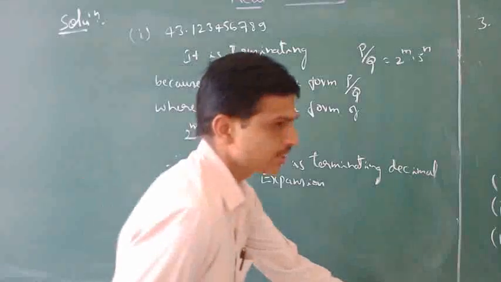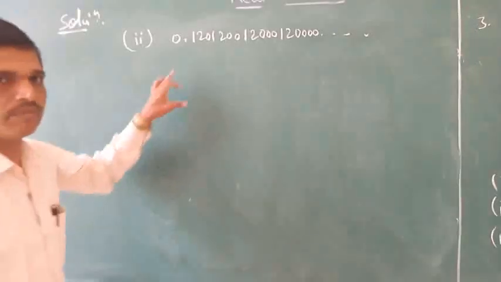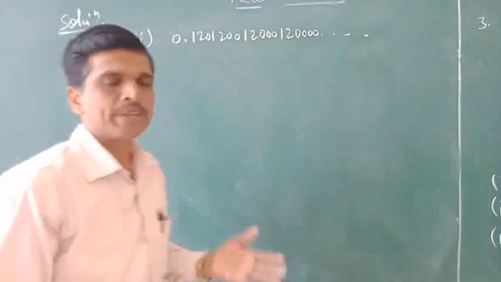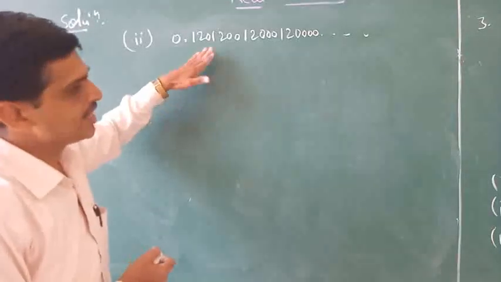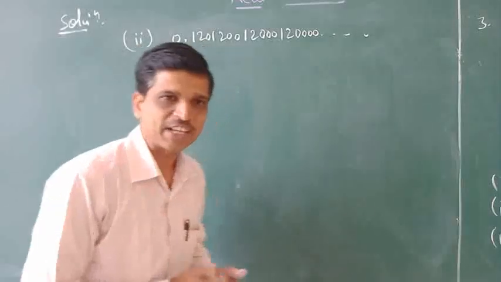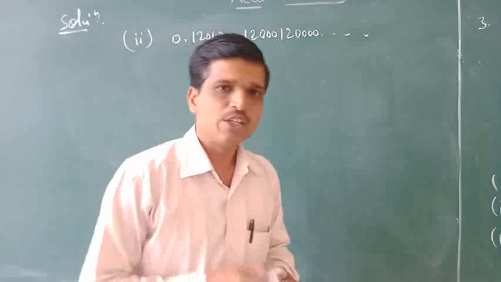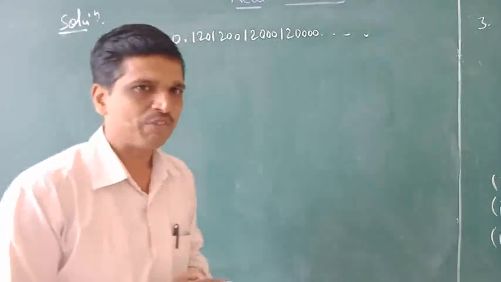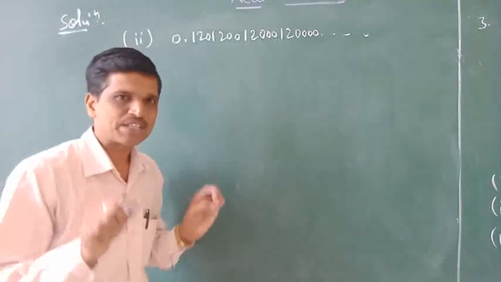The next one, the second one. Given decimal expansion, of course it is a rational number, but how do you say it is rational or irrational? Based upon the previous theorem, 1.6, 1.7, what it says: if a given number is in the form of p by q, and the denominator q is of the form 2 to the power of n, 5 to the power of m, then only its decimal expansion is terminating.